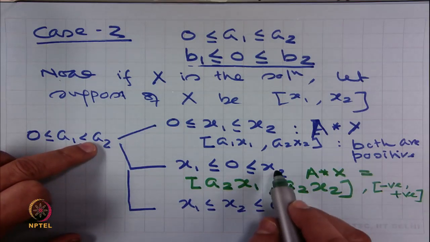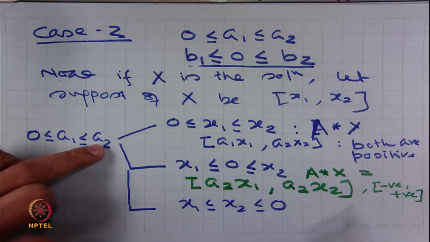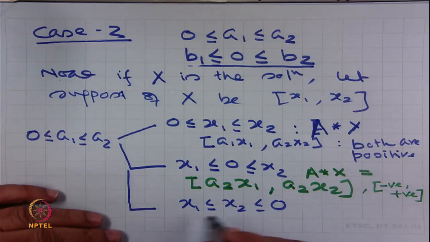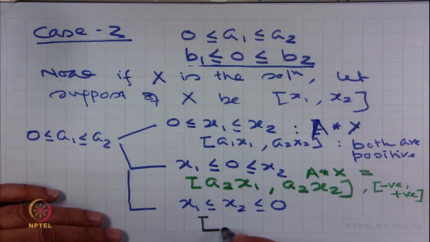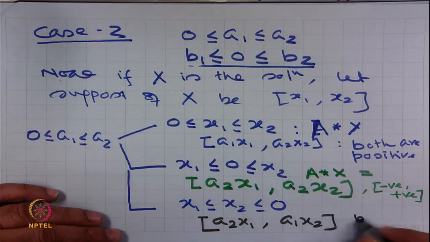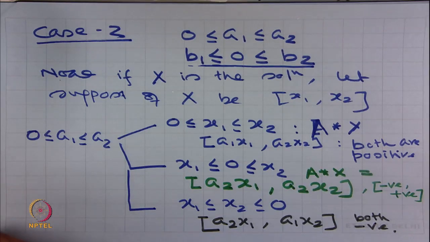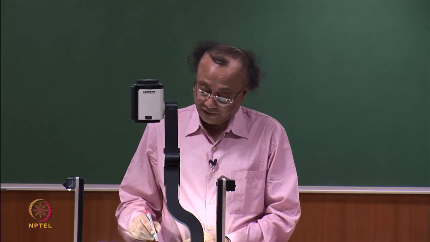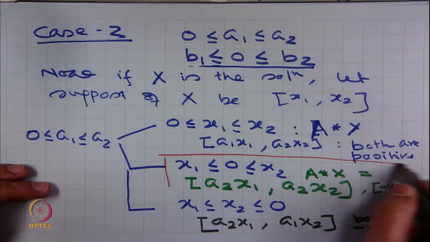In a similar way, since x2 is positive and A2 is positive, A2 x2 is positive, and if we look at the third case, both of them are less than 0, we can see that this interval is going to be A2 x1, A1 x2 when both are negative. So, this simple observation suggests that if there is a solution, then this is the case.